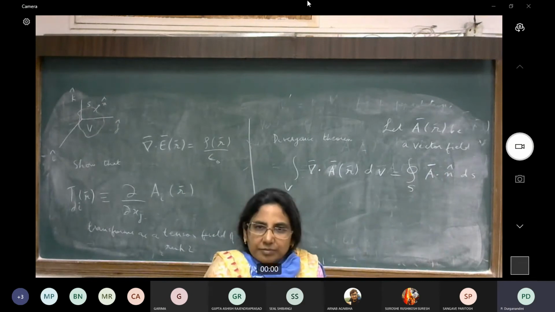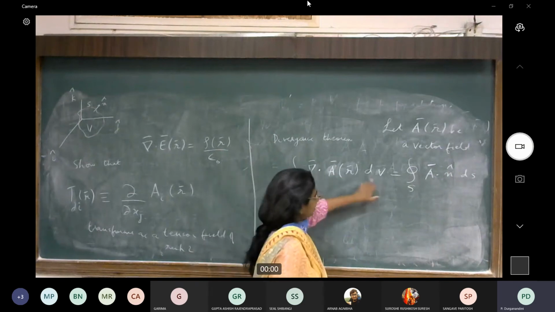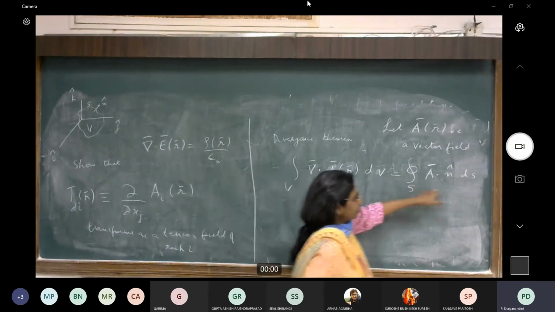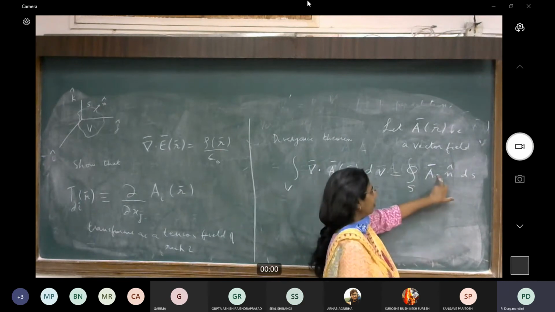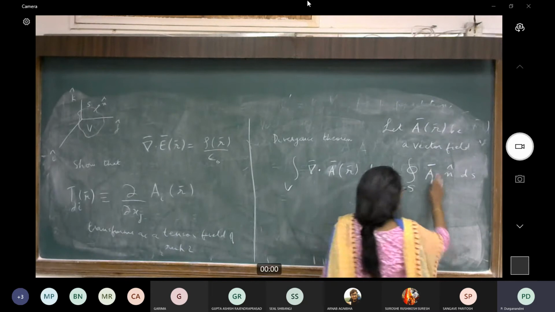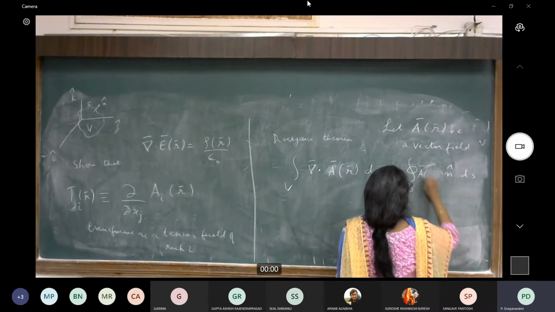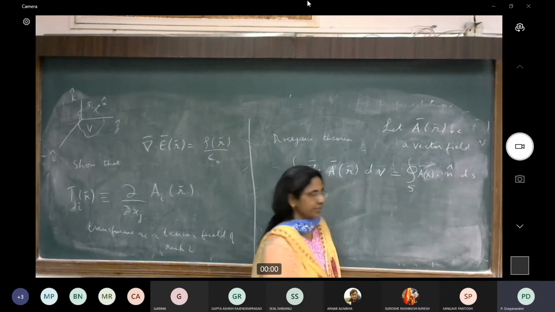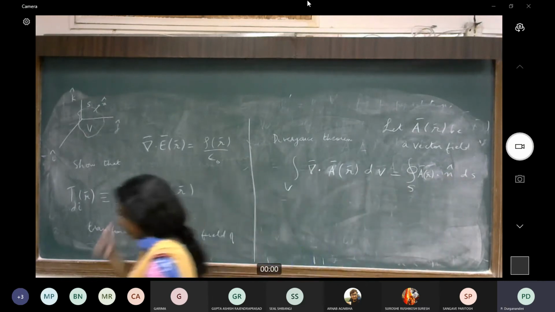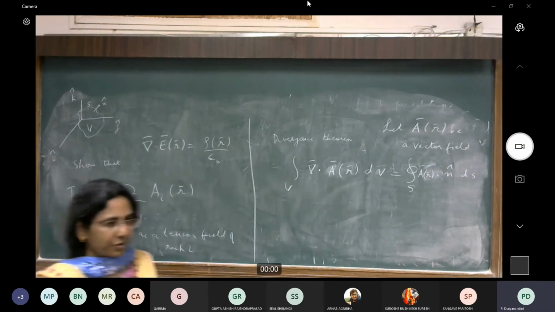So if I'm taking the integral of del dot A dV, this is a three-dimensional integral that reduces to a two-dimensional integral over the surface which is enclosing that volume, with the dot product taken between the vector A and N cap, where N cap is the unit vector pointing outwardly normal to S. Again, I am sure you have used this in your electrostatics.